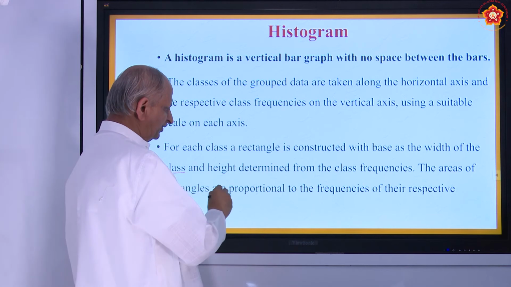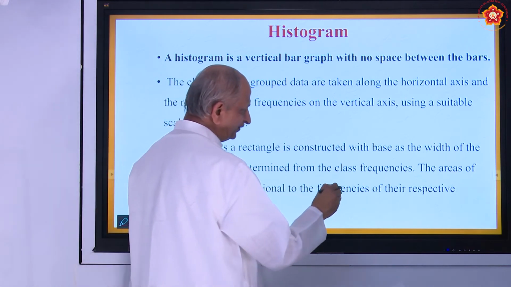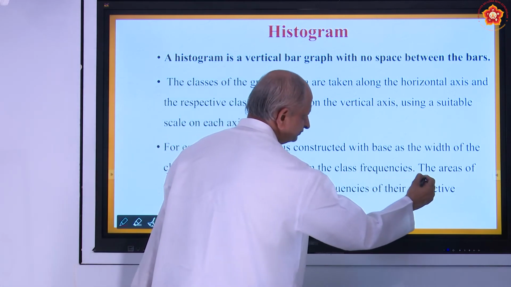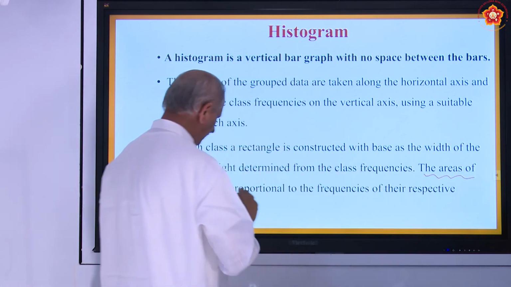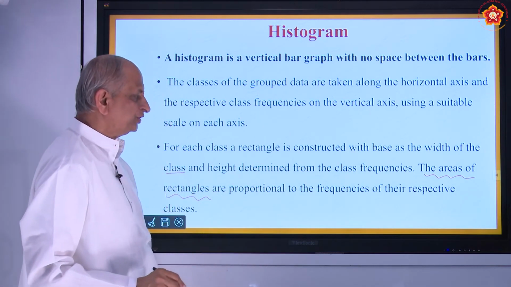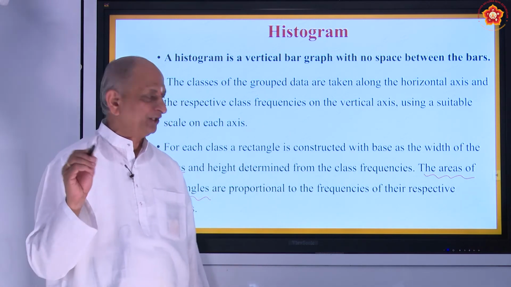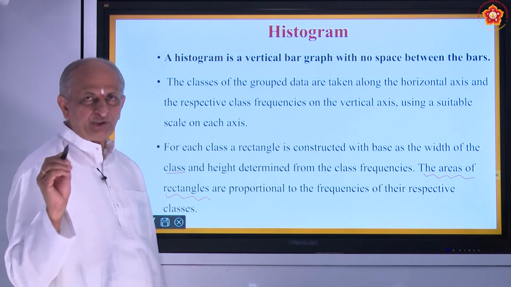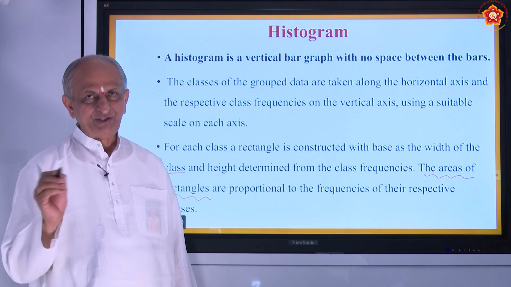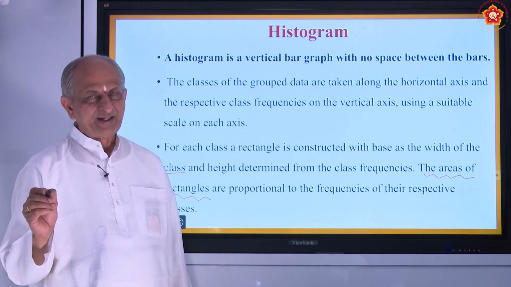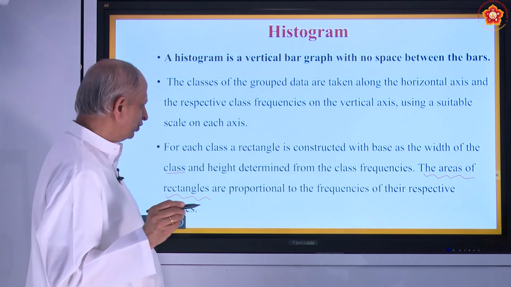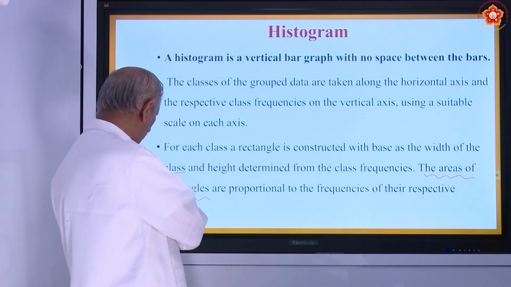Areas of rectangles are proportional to the frequencies of their respective classes. So here they are all joined to each other, and that is the difference between the bar diagram and the histogram. Now let us see how to draw it.